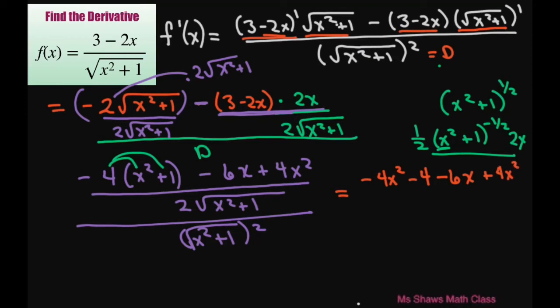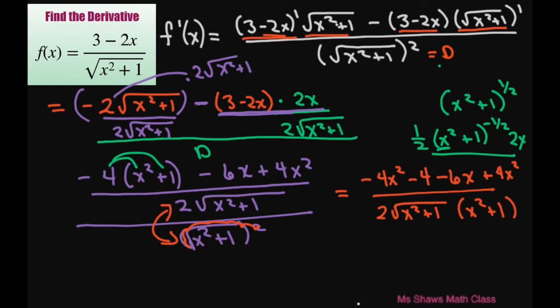All right. And then I'm going to go ahead and multiply these two together. That's going to give me 2 times the square root of x squared plus 1. And I go ahead and simplify this. We could have done that earlier. The square of a square root is just going to be x squared plus 1.